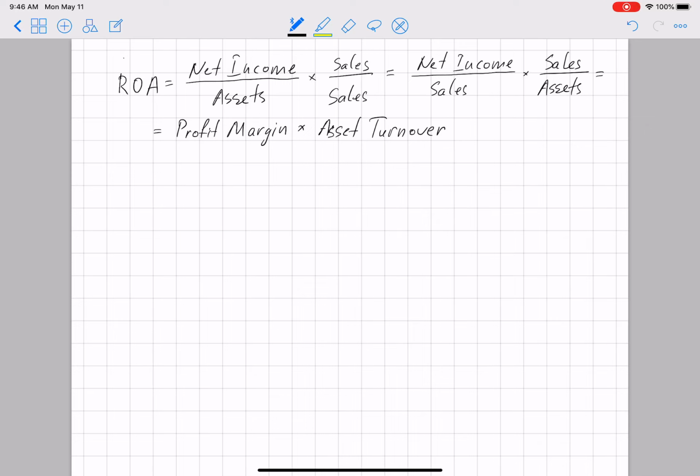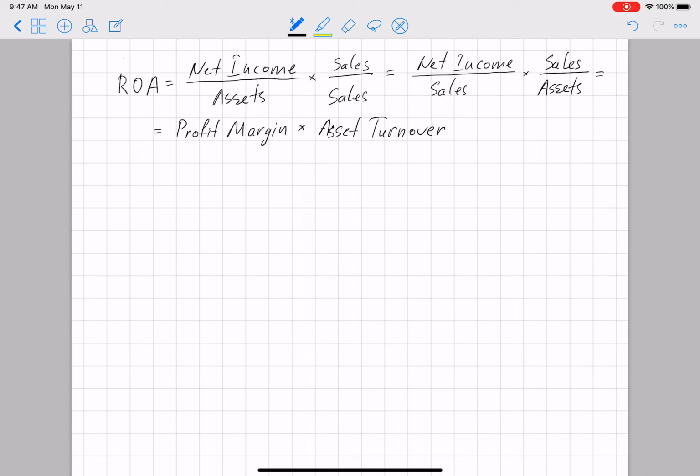It means that even though you're making very little per dollar of your sales, you're able to generate a lot of sales with your assets. And in this case, maybe the product of profit margin times asset turnover is actually bigger than the industry standard.